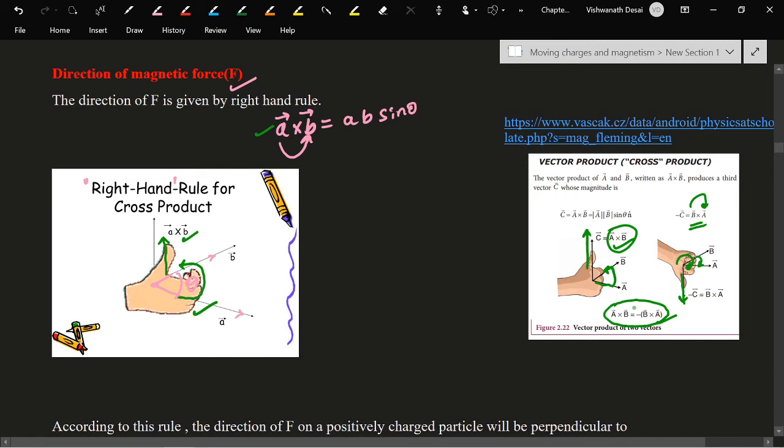Wherever you see this kind of relation, A cross B, it may be V cross B or L cross B, you have to curl your finger from the L vector to the B vector. Then where the thumb points indicates the direction of this cross product quantity.